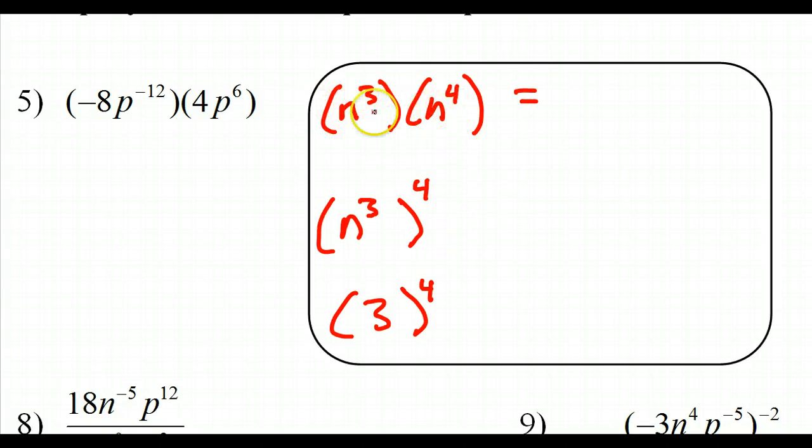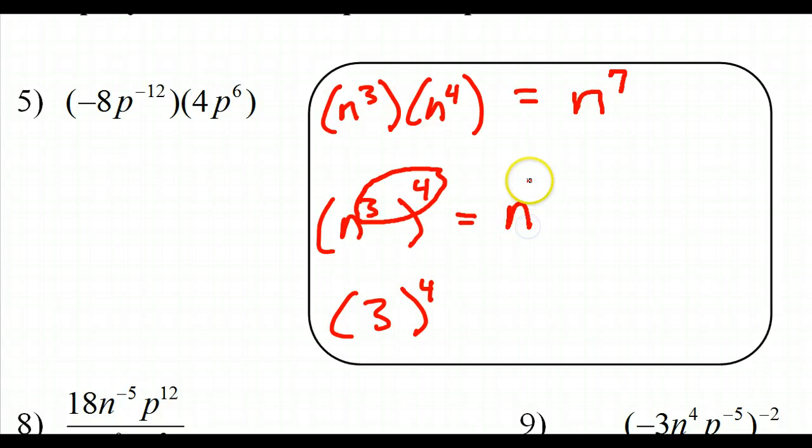How do we handle this first situation? This is when you add the exponents. All right, if you're multiplying with the like bases, you're going to add these exponents. So this is when you would add and you would have n to the 7th power. When you just have the base appearing once and you have a power raised to a power, where you could just circle these like that, this is when you multiply.